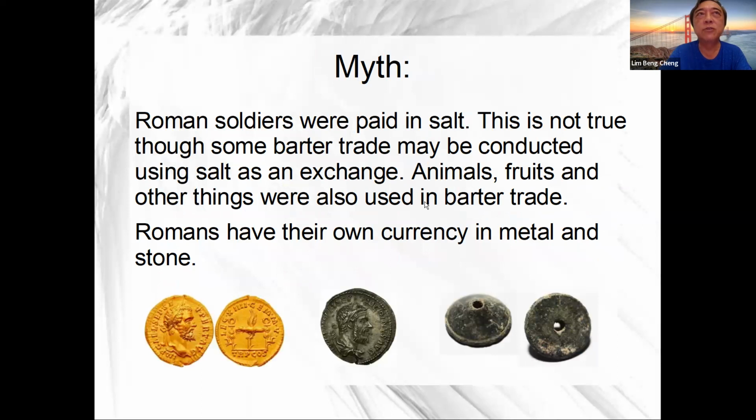But of course, this is not true. Okay, maybe some people will use barter trade to say, okay, I use this salt to exchange for one chicken. But you can also use an apple to exchange for a chicken, or you can use your bow and arrow to exchange for a chicken. So you cannot measure one chicken equal to how many kg of salt or how many arrows.